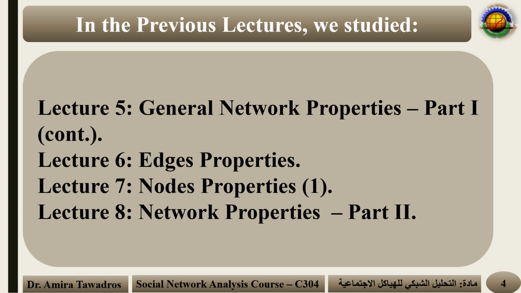In lecture 8, which is the previous lecture, we studied other network attributes or properties. These include network connectedness, and then based on the network connectedness, we discussed the concept of components and how a network can be decomposed into several components.